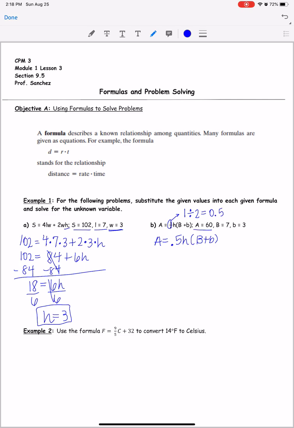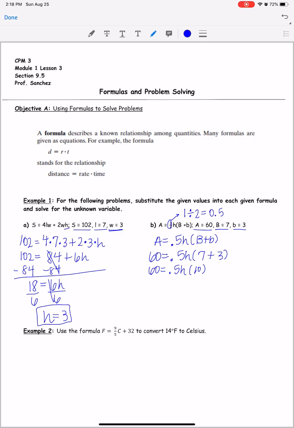We're told that A equals 60, so I've got 60 equals 0.5. I don't know what H is, so that's just going to come down. And then in parentheses, my big B is 7, plus my little b is 3. So order of operations tells me parentheses first. That means I've got 60 equals 0.5 H times 10, 3 plus 7.